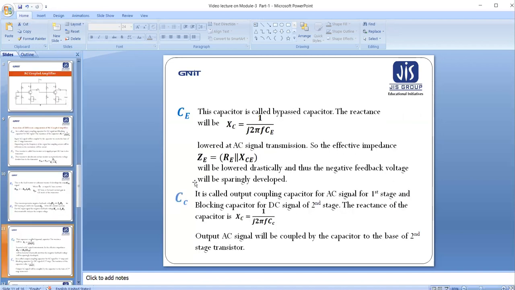Next one is the CE. It is the most vital parameter for this RC coupled amplifier, because if we are not connecting this capacitor, then automatically the transistor will not produce the desired output, as I have explained now. The capacitive reactance of this capacitor is 1 by j2πfCE. So during the AC signal, this capacitor will produce a considerably low reactance.